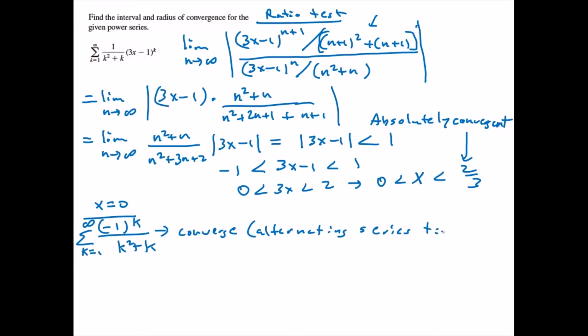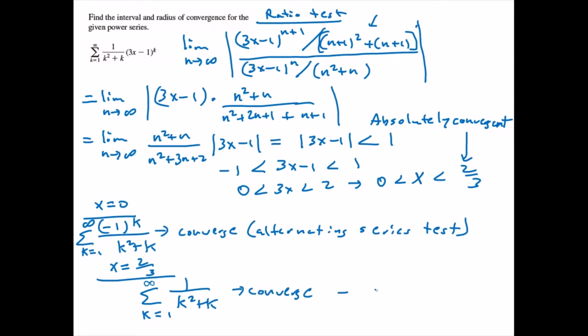So that means that this will be valid when x equals 0. And at x equals 2/3, we'll consider the series where we have the sum from k equals 1 to infinity of 1 over k squared plus k. And this will also converge.